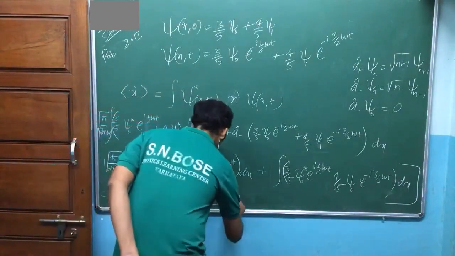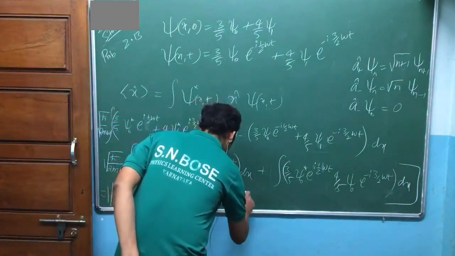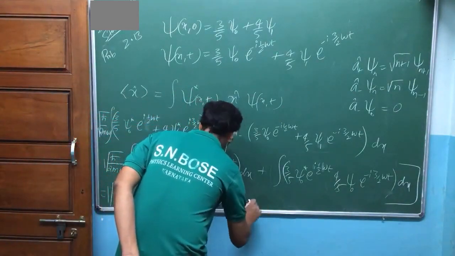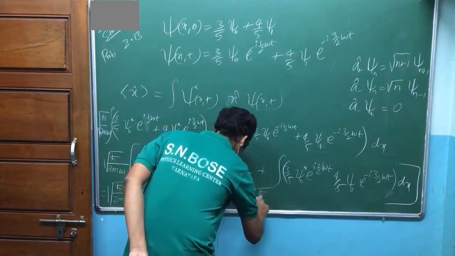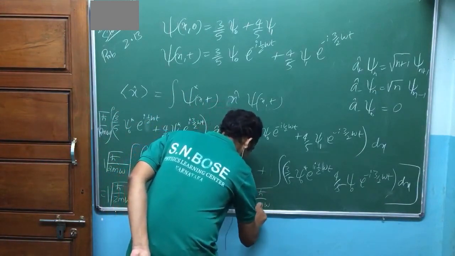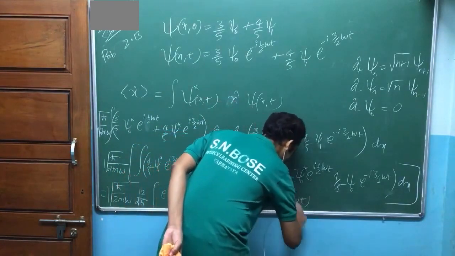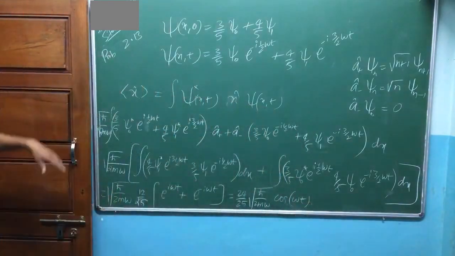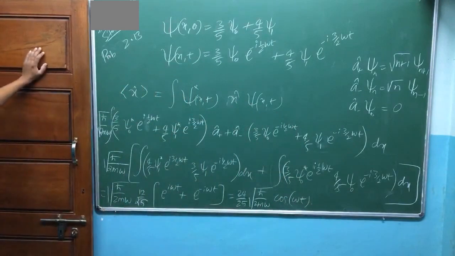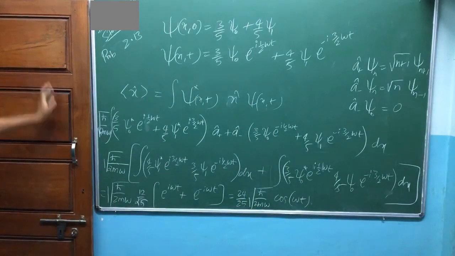So this is equal to 24 by 25, 2 I have taken here, root of h bar by 2m omega into cos omega t. Any mistakes here? No, that's correct.